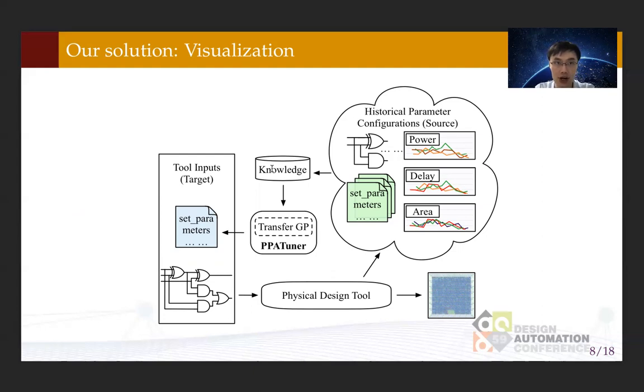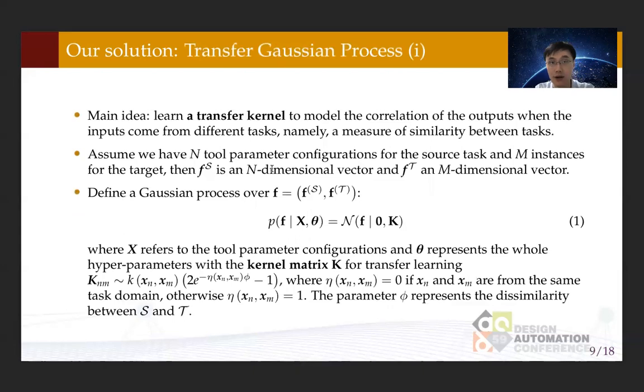So let's jump into the algorithm part. The first is the machine learning model embedded in the PPATuner, the transfer Gaussian process. The main idea behind it is to learn a transfer kernel to model the correlation of the outputs when the inputs come from different tasks.